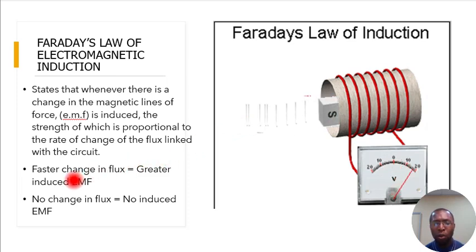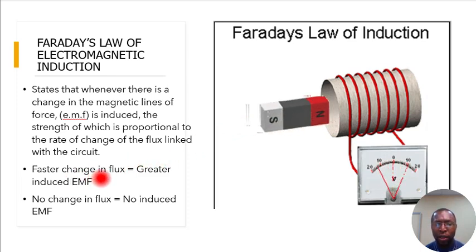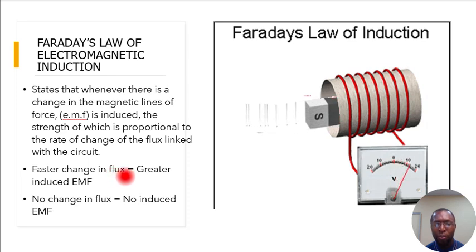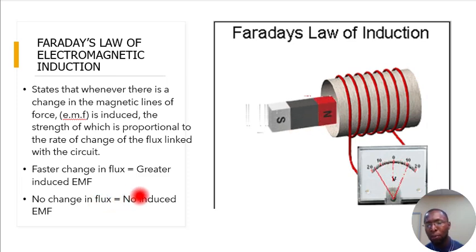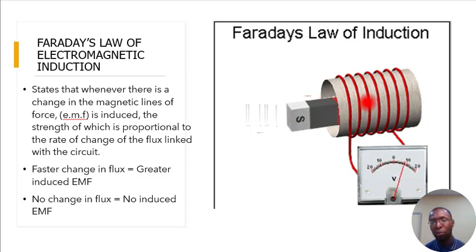That's the law. So in mathematical form, the faster change in flux leads to greater induced EMF. Now, if there is no change in flux, there cannot be induced EMF. So if there is no movement of the magnet, you cannot have induced EMF or current in the conductor. So that's what the law of Faraday is stating.